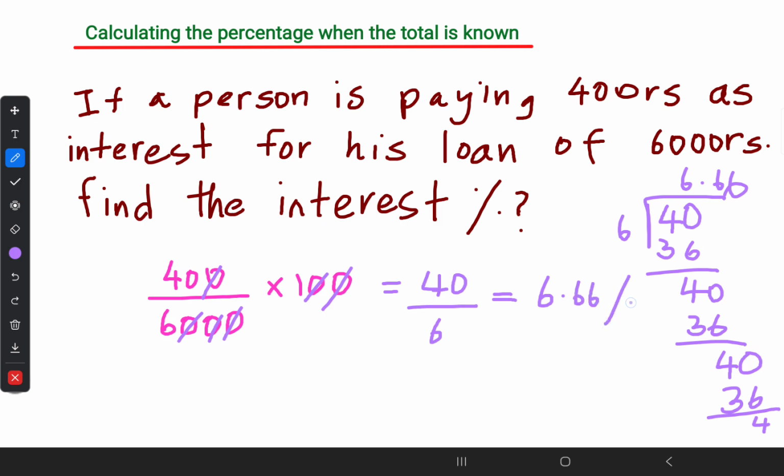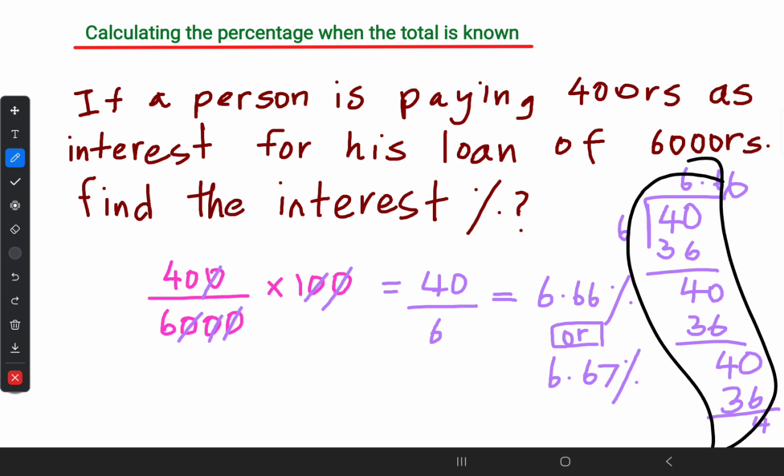6.66 percent or 6.67 percent. Definitely you have to indicate the decimals correctly. These two are correct, either 6.66 or 6.67. You cannot give only 6 or only the fraction itself. Definitely you have to convert it to a decimal number. These are simple decimals, no?